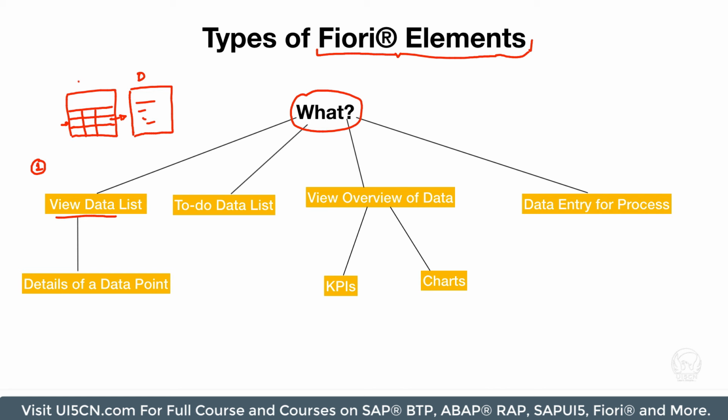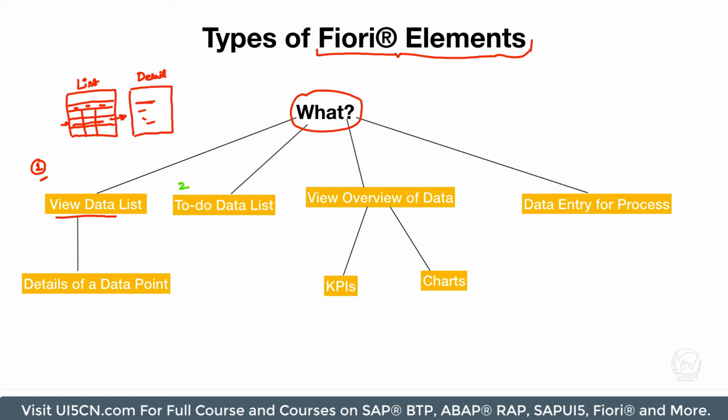So we have a list view representing certain important columns, and if details about any specific item are required, then it can navigate to one more page where the details are highlighted. So this is the first type of application, where you see multiple data points in a list and navigate to see the details.